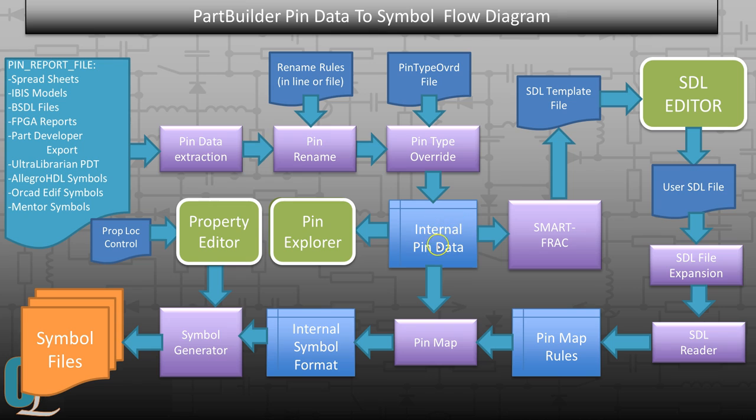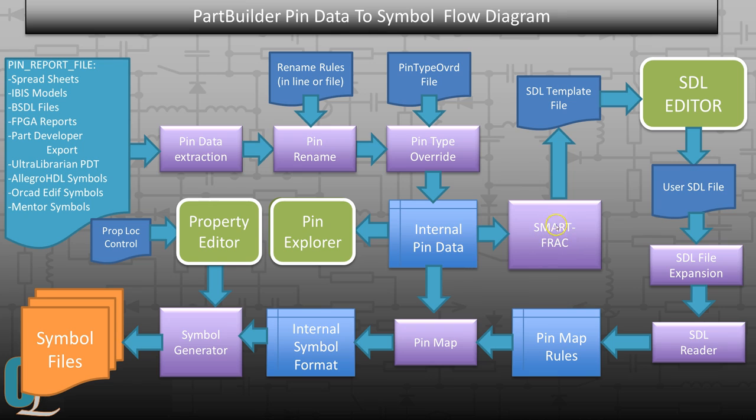Once we have our internal pin data, we can run SmartFrac. What SmartFrac is, as I always explain, is what an engineer or a librarian would do if they got their pin data. They would get a spreadsheet and sort it as efficiently as they could into the symbols that they want. So SmartFrac reads all the pin data, finds the diff pairs, finds inputs and outputs, and also finds FPGA information.